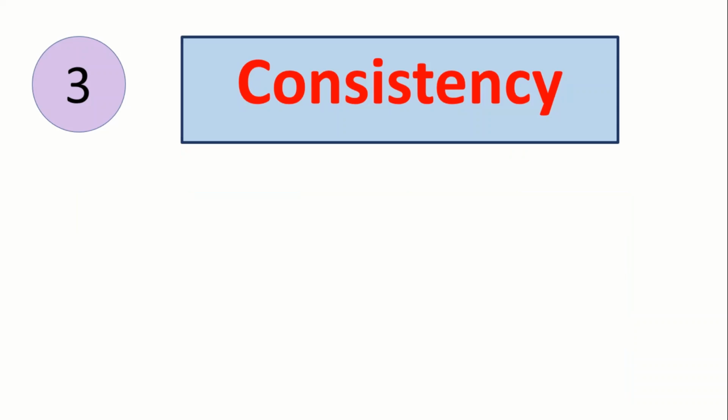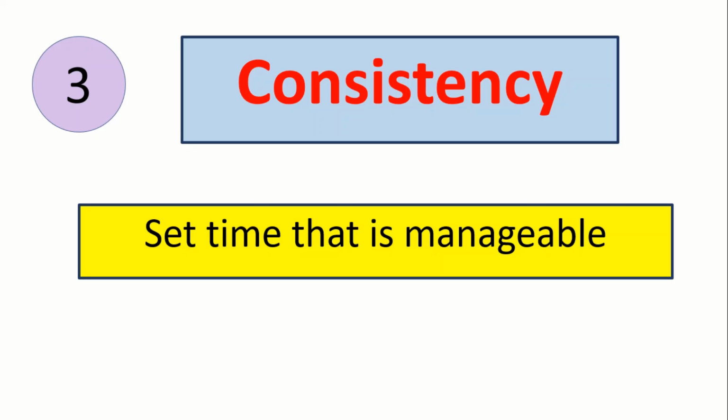The third thing that you have to remember: consistency is very important. Make sure that you set a time a day in your routine that is manageable for you, and you can do this consistently week in, week out, not just when you first started and then you forget about it and pick it up 6 months later.